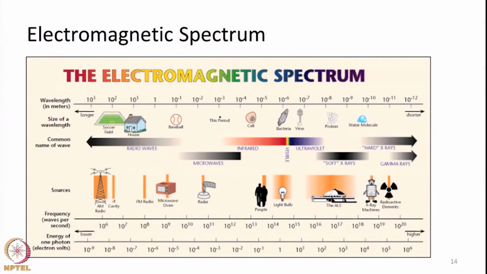Then we are coming to the most important topic, the electromagnetic spectrum. I said the visible light that we get from the sun is only a small part of the electromagnetic spectrum. What exactly is the electromagnetic spectrum? An electromagnetic spectrum is the continuum of different wavelengths or different frequencies in which energy manifests itself, or in which energy transmits itself.